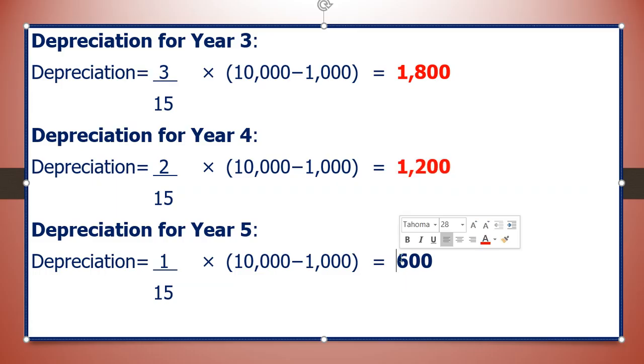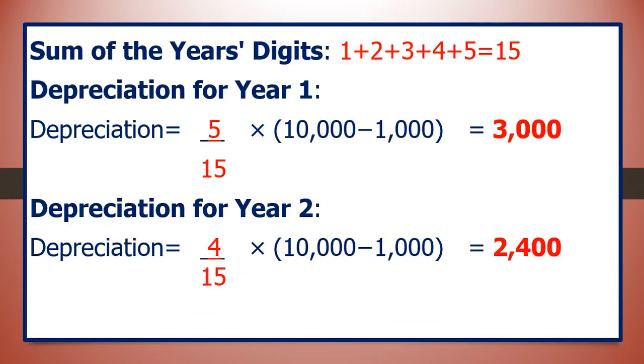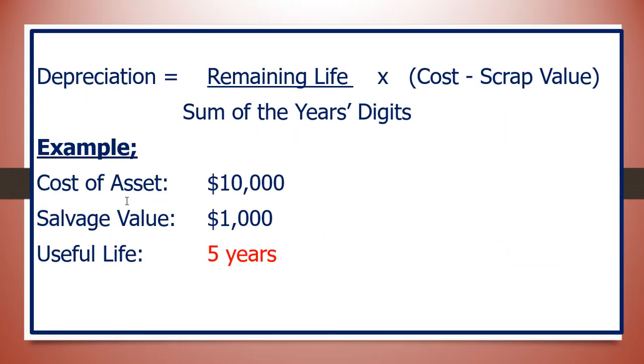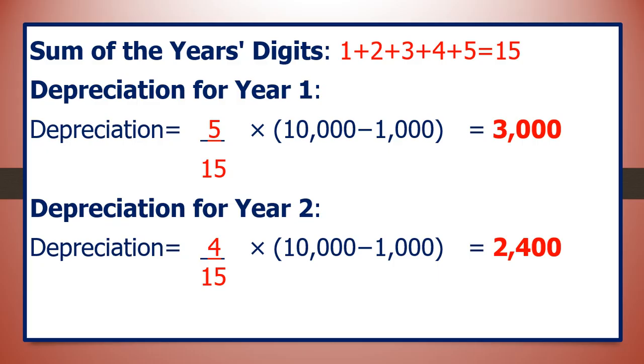and at the end of year 5, if you total up all the accumulated depreciation, maybe we can work it out here. They told us that the salvage or scrap value at the end of the useful life will be 1,000 US dollars. Let us prove ourselves. We have computed the depreciation at the end of year 1 as 3,000.